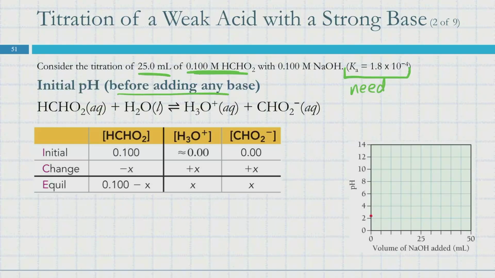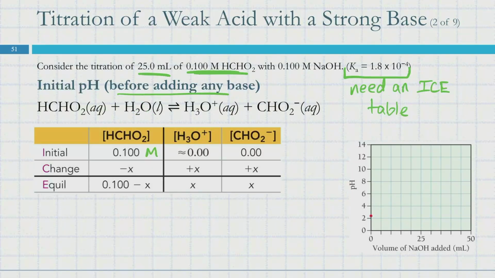So because we have a Ka value, we need an ice table. So we've got our initial concentration. It does have to be in concentration. We've got our change. Since we don't have any of our conjugate base or this formate anion, we're going to be moving left to right.